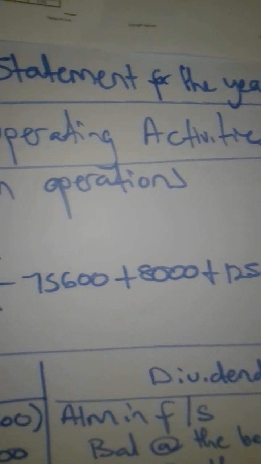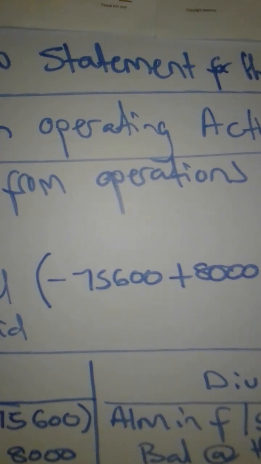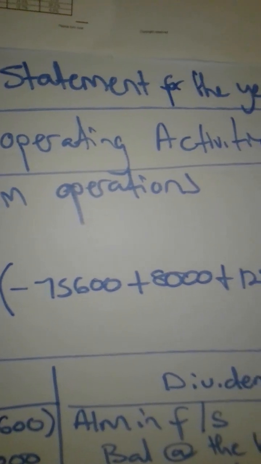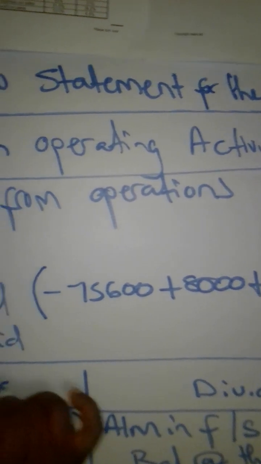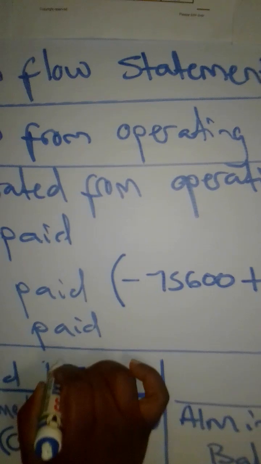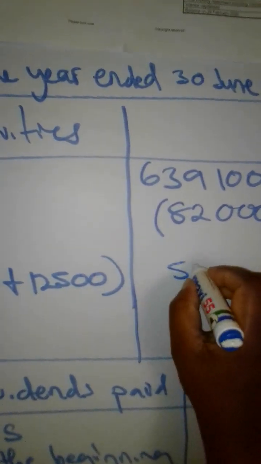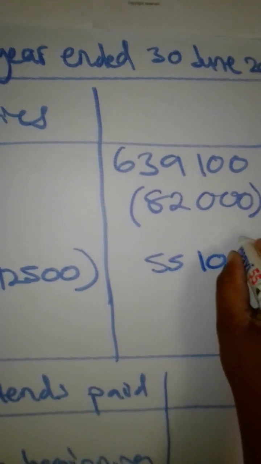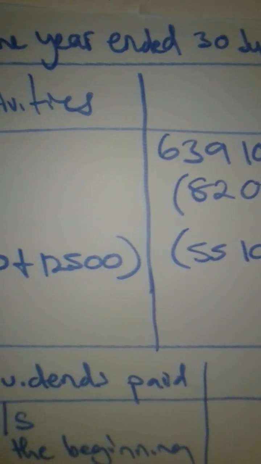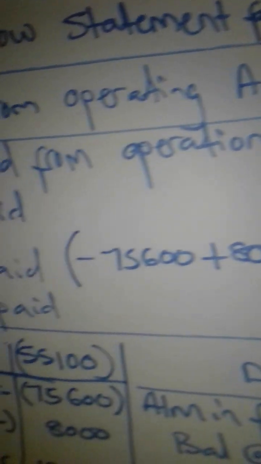Let's use our calculators to calculate that. We are going to get something like 55,100 in brackets. Remember, taxation paid is an outflow, 55,100 in brackets. I hope you have fully understood this part.